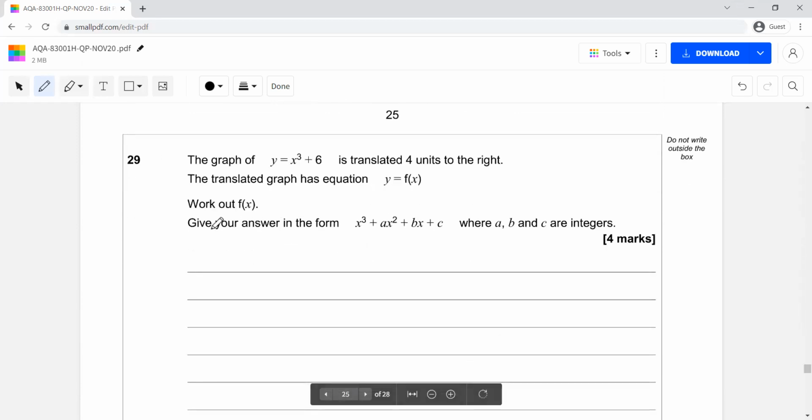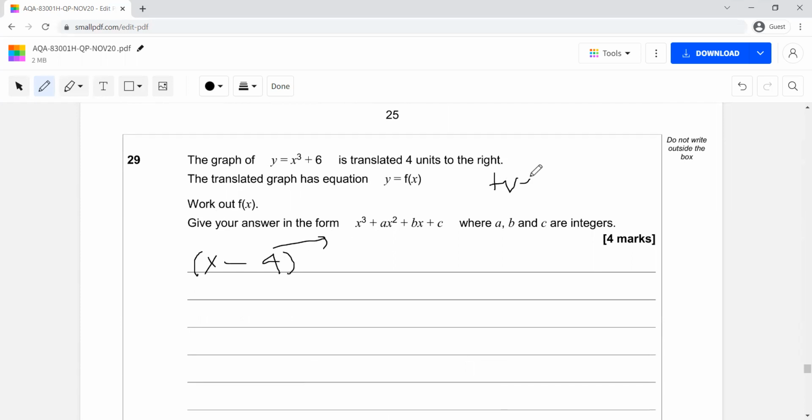Question 29. The graph of y equals x cubed plus 6 is translated 4 units to the right. The translated graph has the equation y equals f of x. Work out f of x. Okay, so if it's moved to the right, we will have x minus 4, because if it's moving to the right, it's a positive translation.